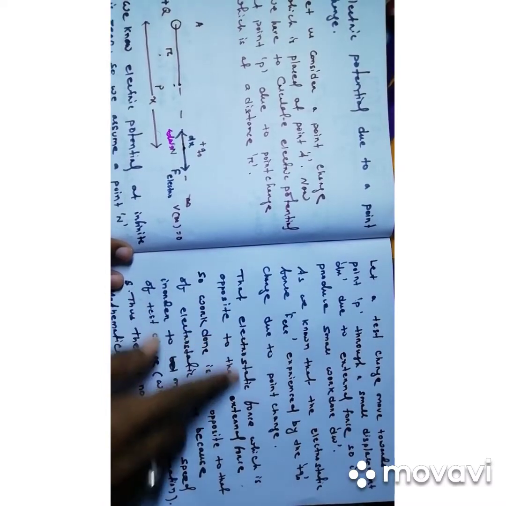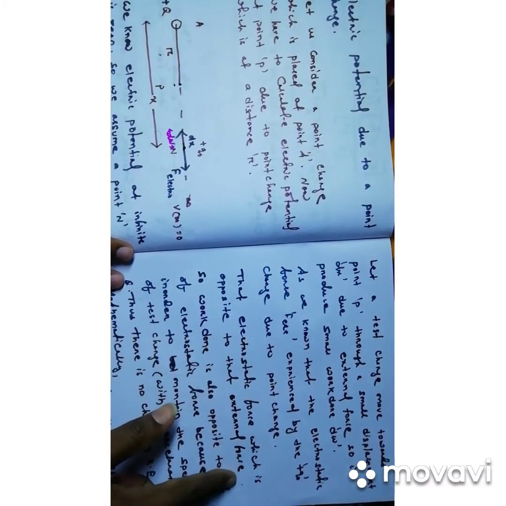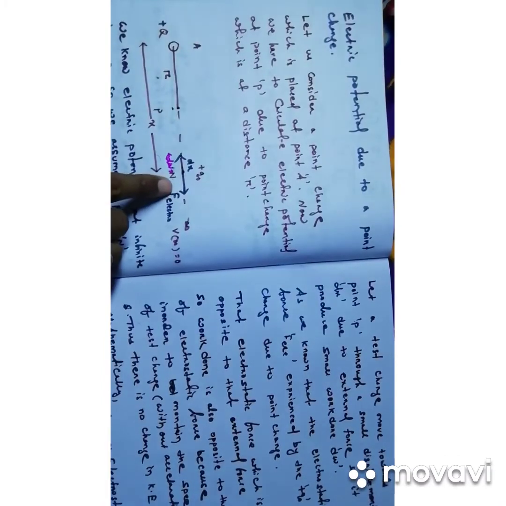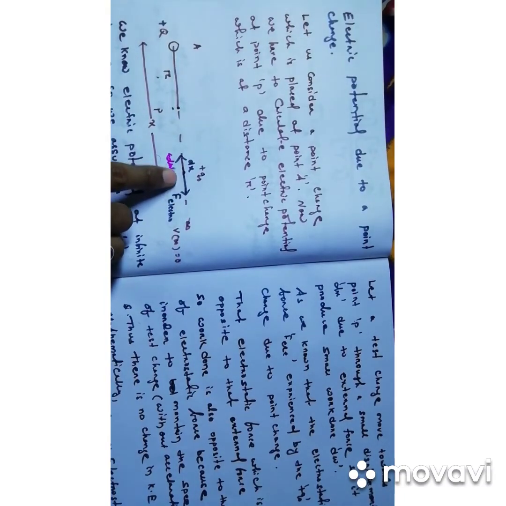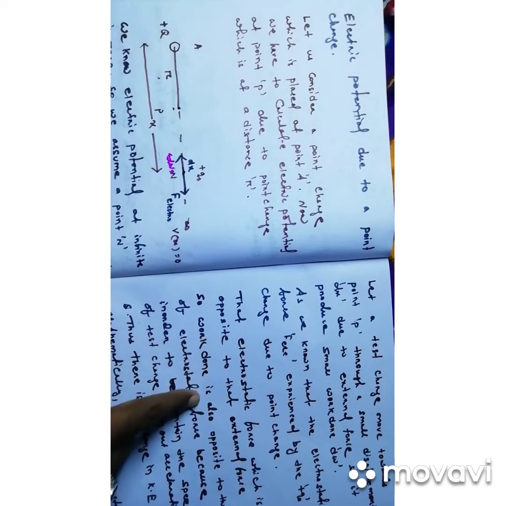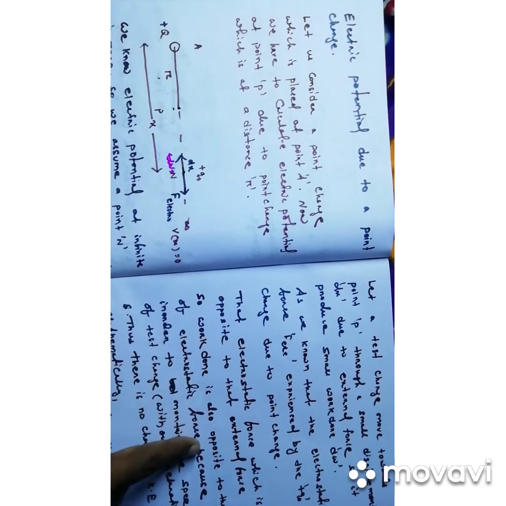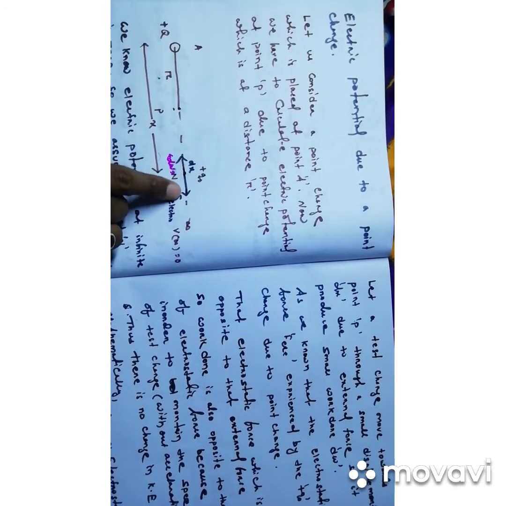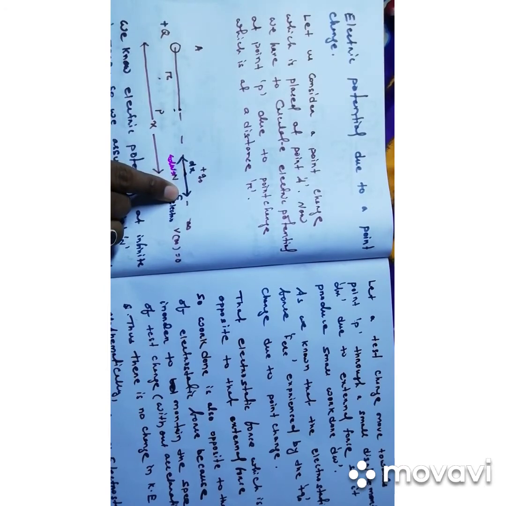The electrostatic force is opposite to the external force, so the work done is also opposite to the electrostatic force. Due to the external force there is some work done, which is opposite to the electrostatic force.